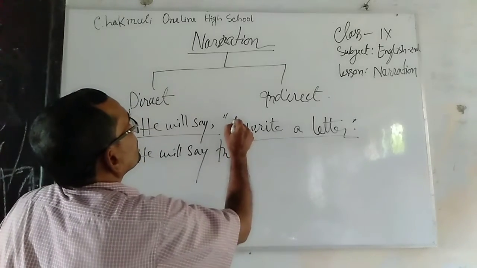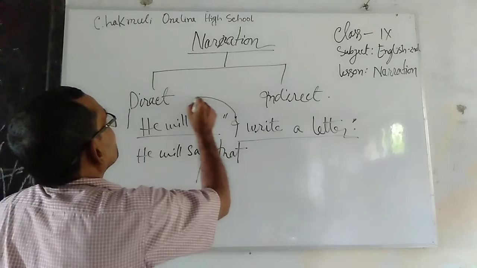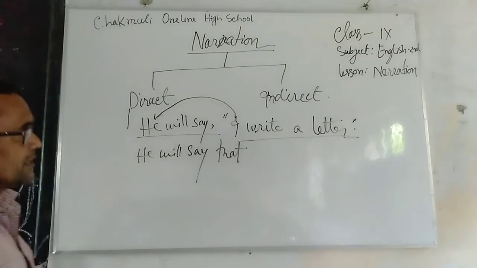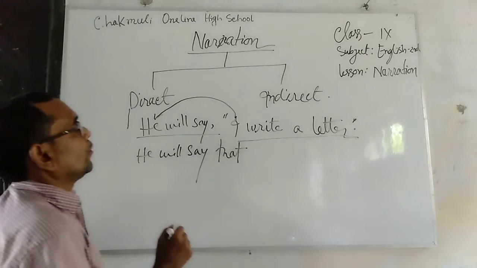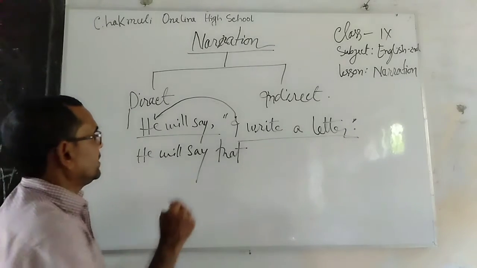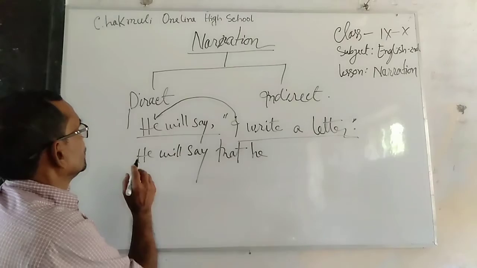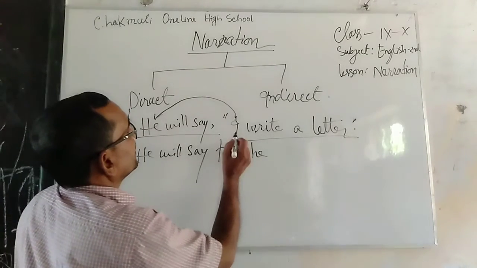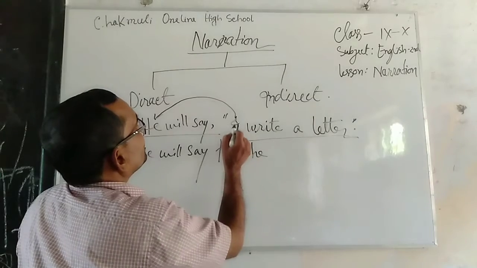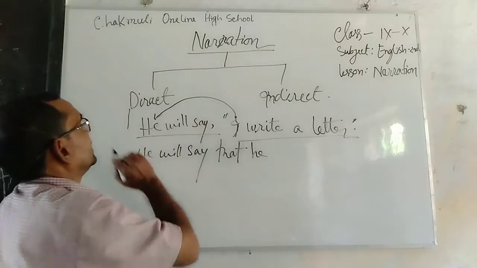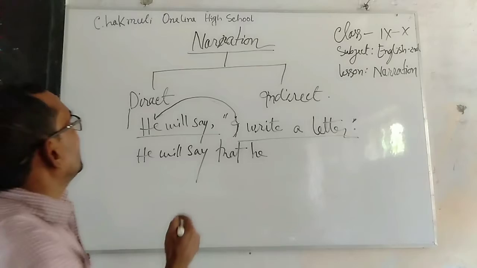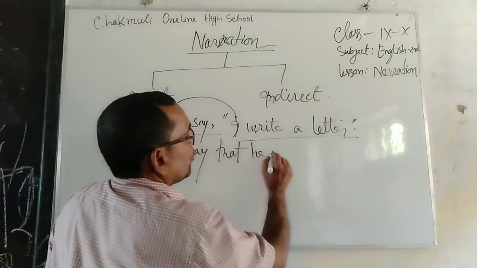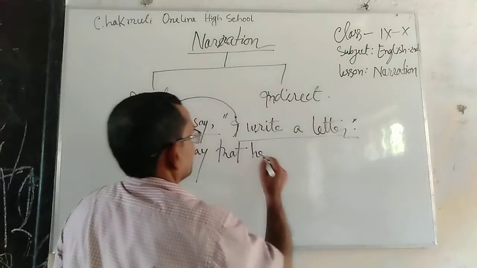First person, this subject identifies the reporting verb's subject, he. So I will write here the subject: he will say that he. The first person subject identifies he, so we can write here he, and there will be no change of tense.